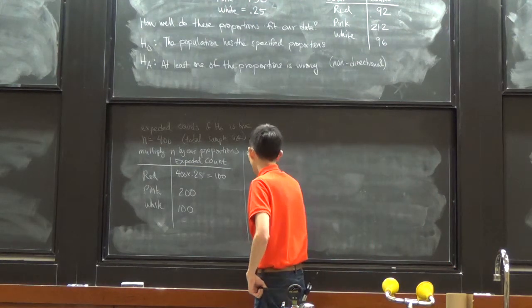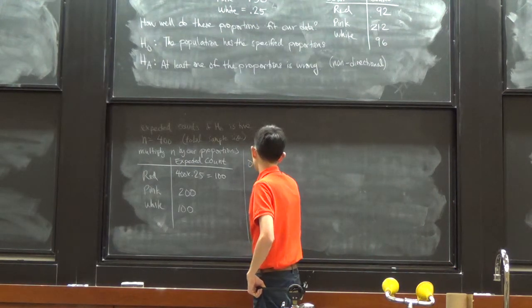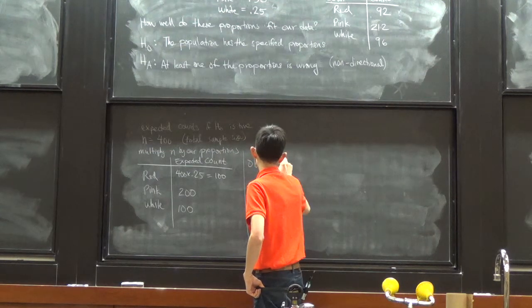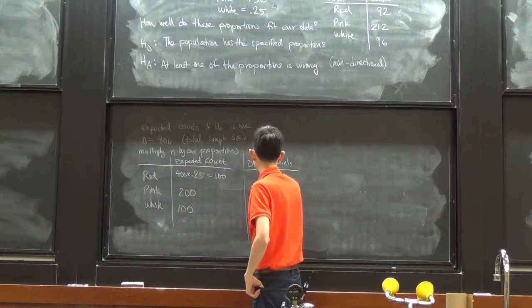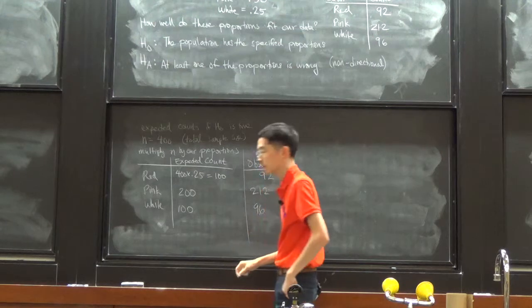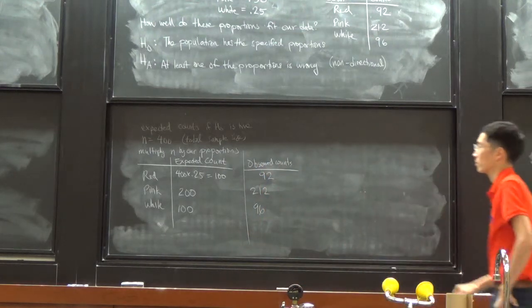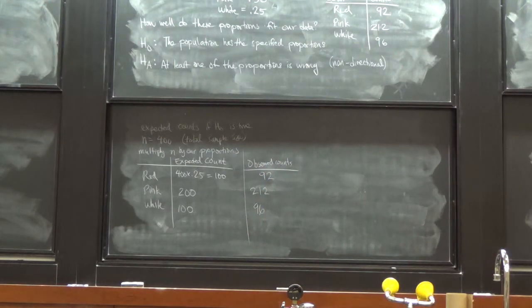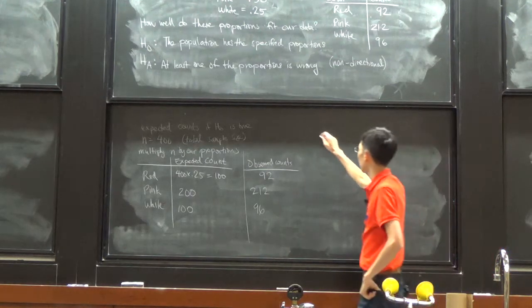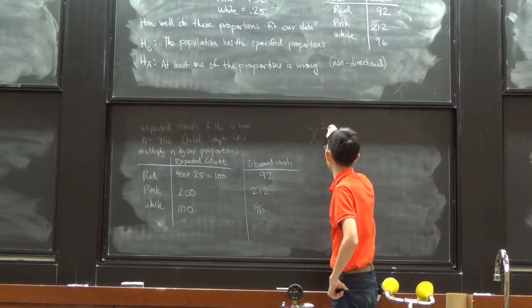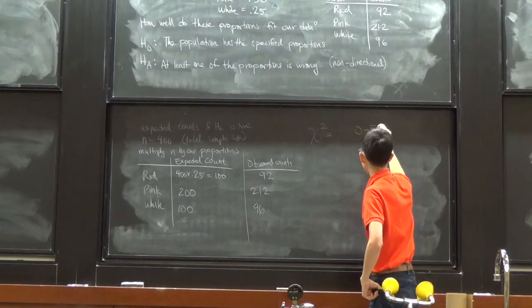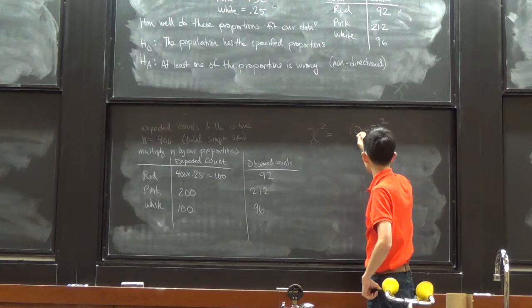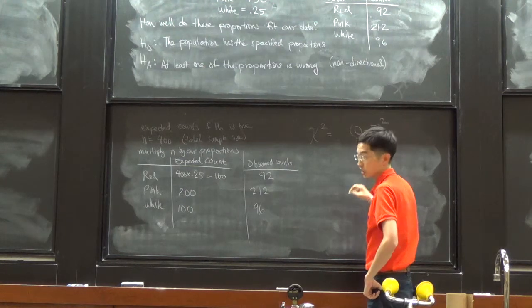And I'm going to contrast this to my observed counts, which were 92, 212, and 96. So the chi-squared value consists of the observed value minus the expected value squared over the expected.